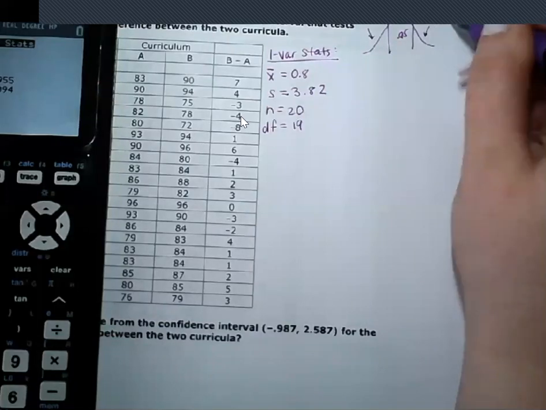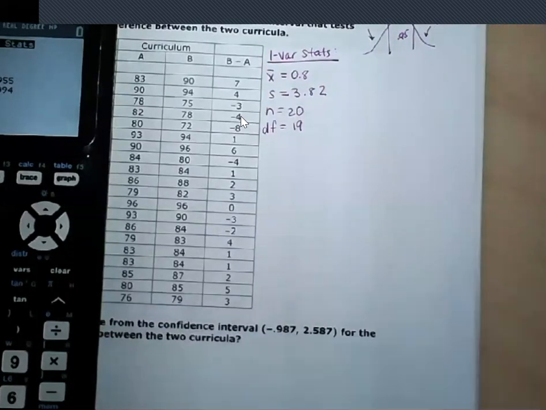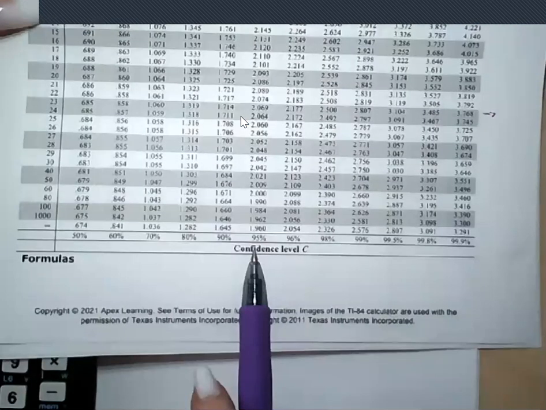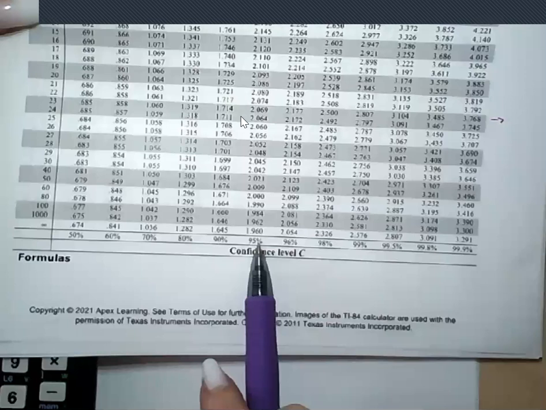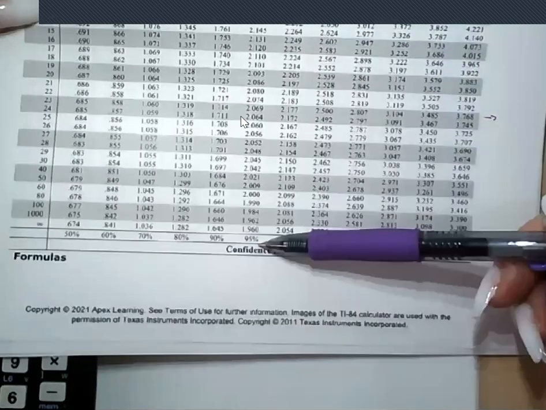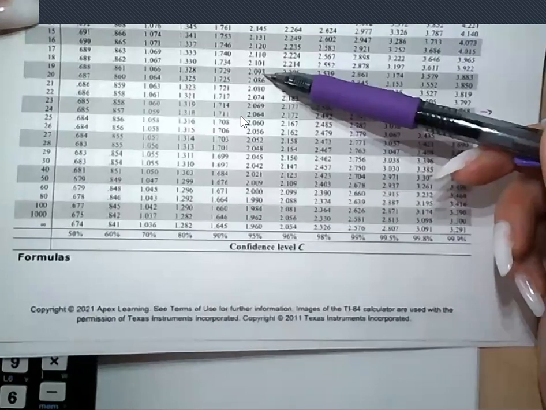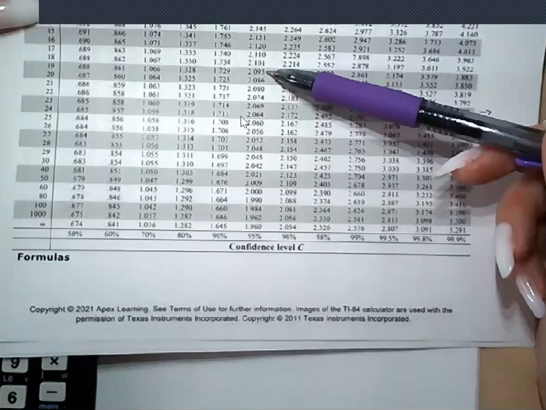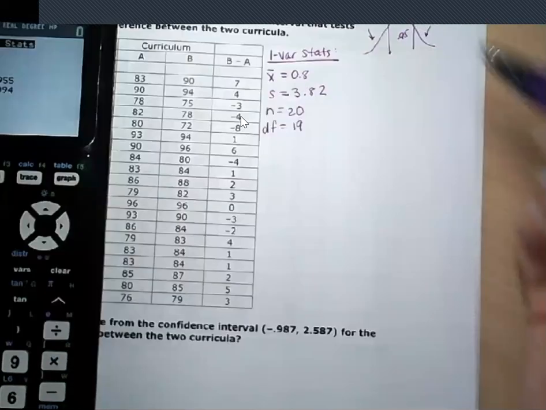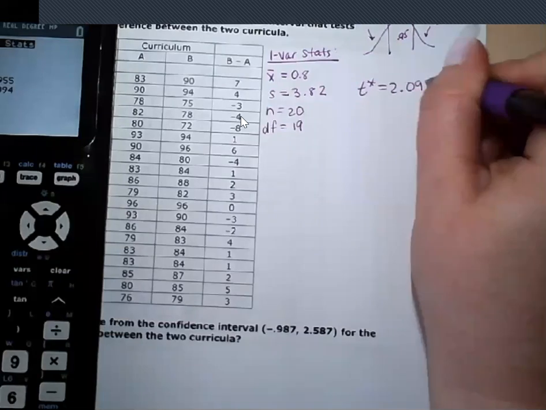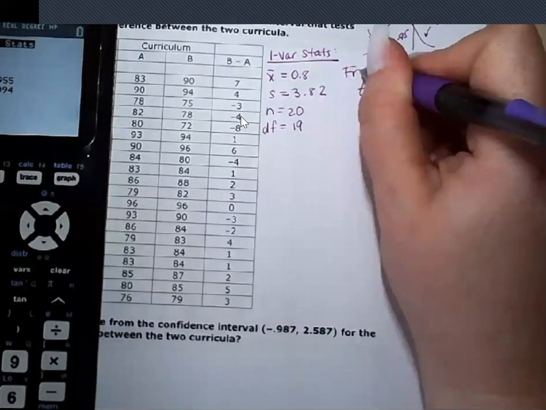But on your T table, it does have the confidence levels on the bottom of this particular table, so we don't actually need the tail area. So we're doing a 95% confidence interval for DF of 19, so we're looking at 2.093. And that is from our table.